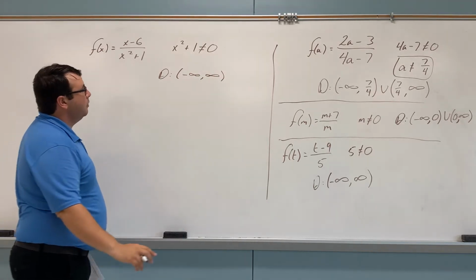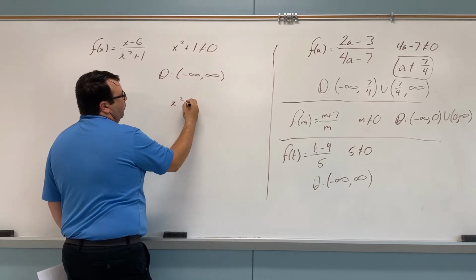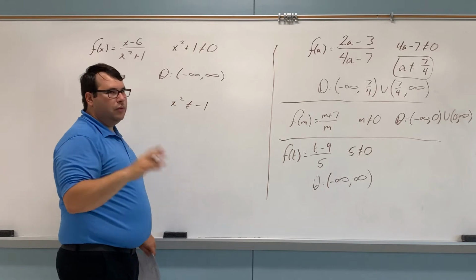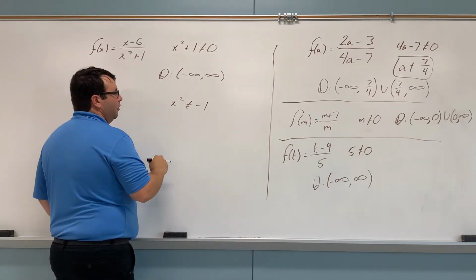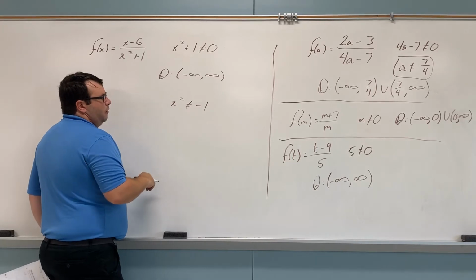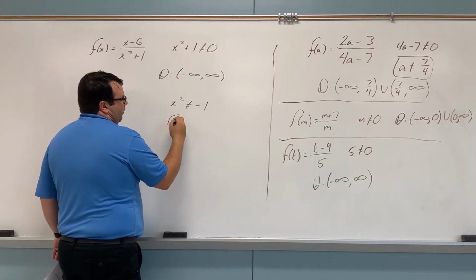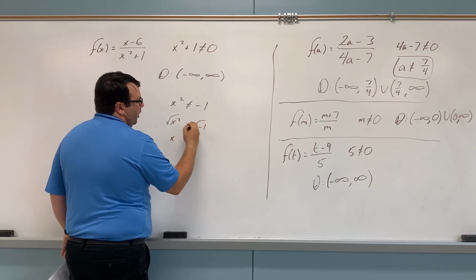Now let's say you didn't believe me. Let's say you said, all right, I'm going to subtract 1. That means I have x squared cannot equal negative 1. And I know, hey, square roots. We haven't talked about square roots just yet. We'll get to that later on in the course. But if you're one of those people who already knows about square roots, you're like, hey, square root, all right, yeah, square root of x squared is x. And then I have square root of negative 1.